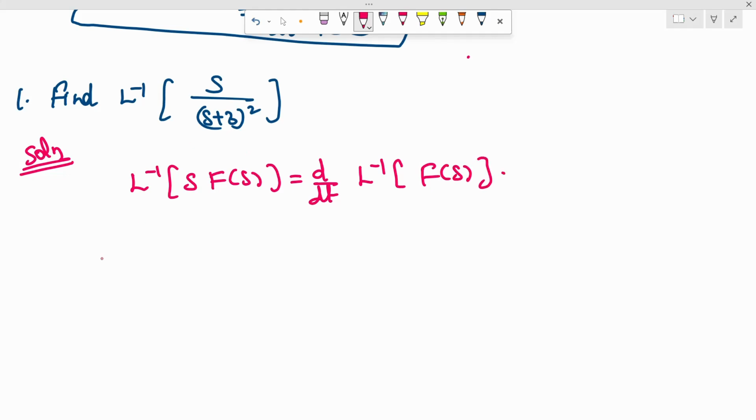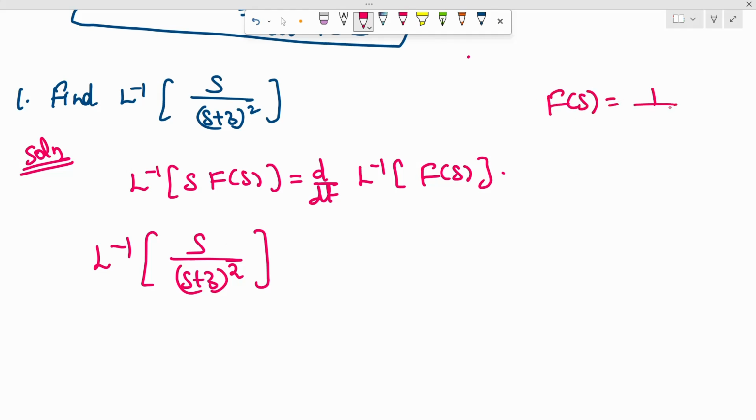The given question is L inverse of s by (s plus 3) whole square, in the form of s into f of s. Here f of s is 1 by (s plus 3) whole square. So we can write d by dt of L inverse of f of s.